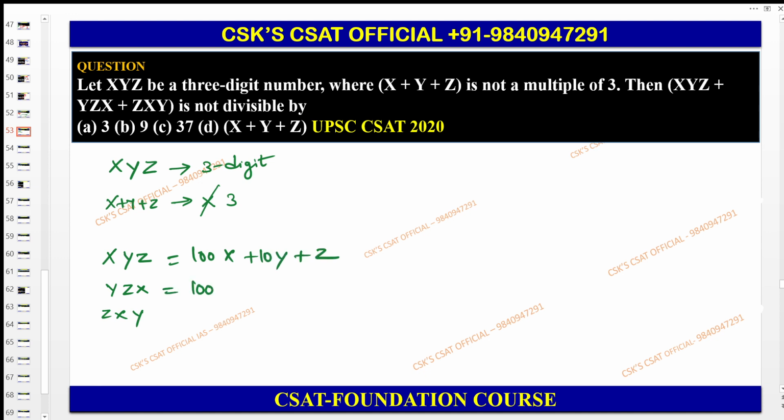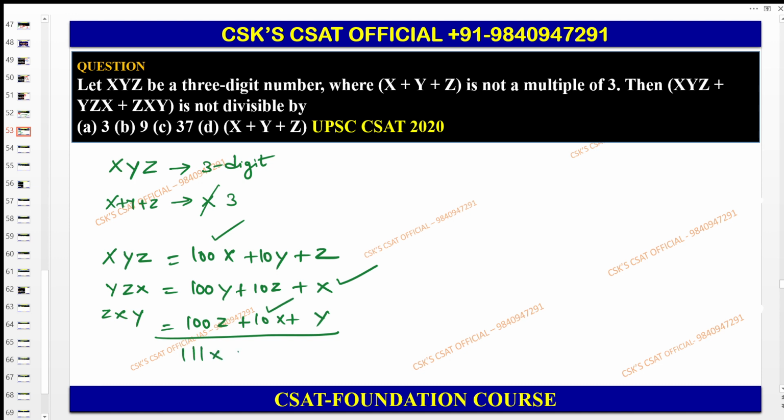Similarly here Y in the 100 place, Z in the 10th place, X in the unit place. So therefore 100Z, then 10X plus Y. Add everything. Add X values first: 111 X. Similarly Y also 111, Z also 111. So this is the addition.